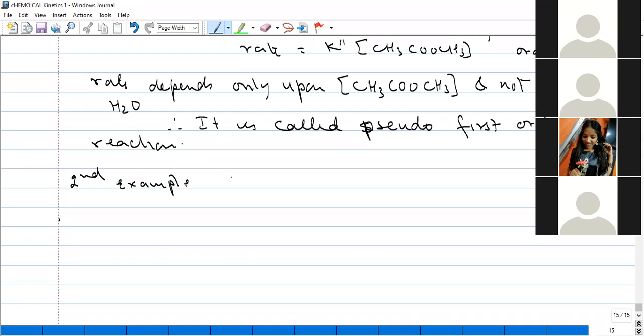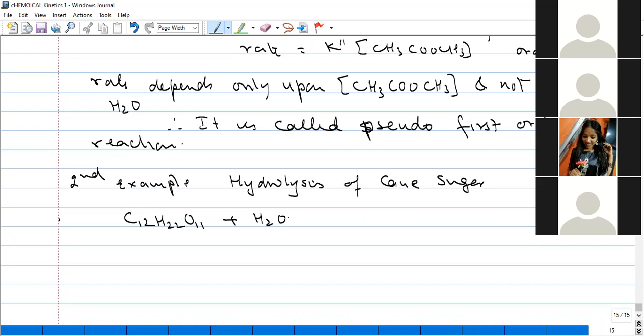Cane sugar, C12H22O11, on hydrolysis in the presence of acid, you get C6H12O6 plus C6H12O6.